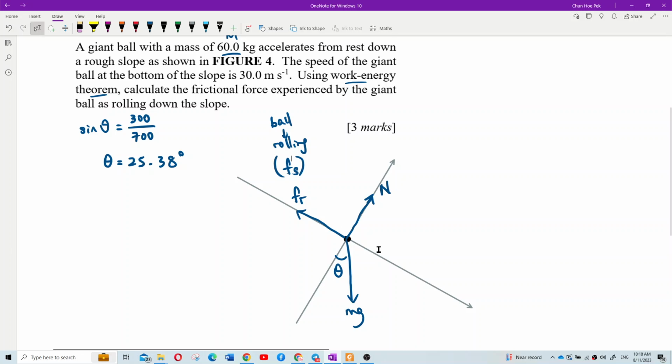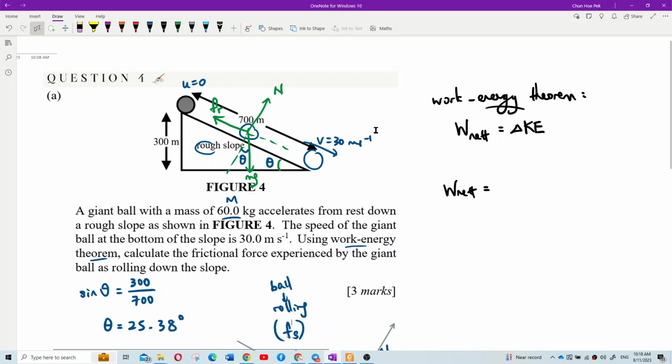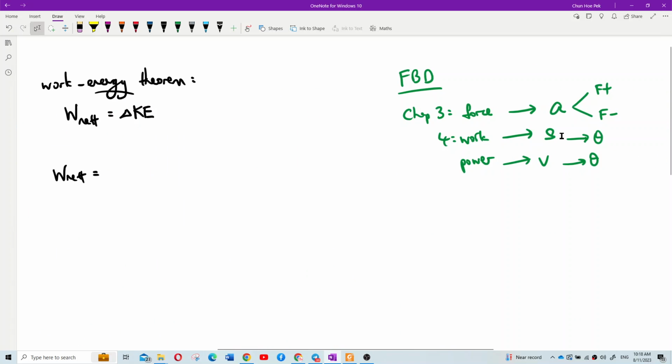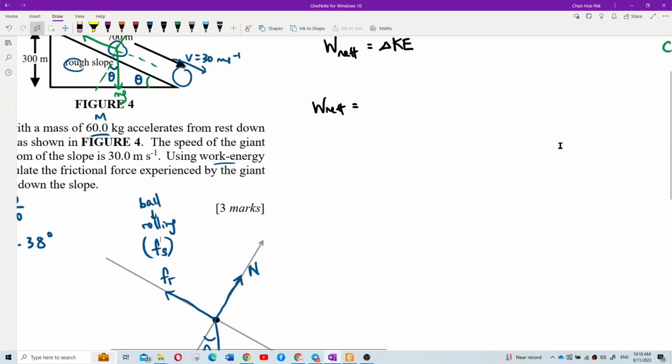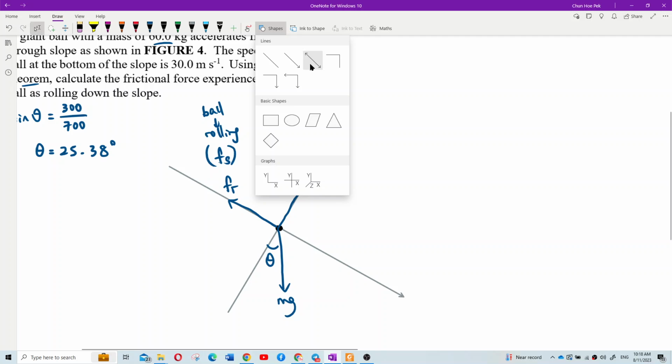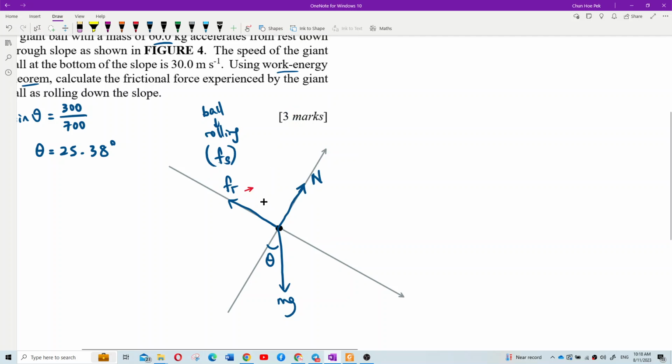Okay, as I said, this is to find work done. For work done, you need to draw displacement, class. So displacement, this one, S. Okay, then only you can find work done.